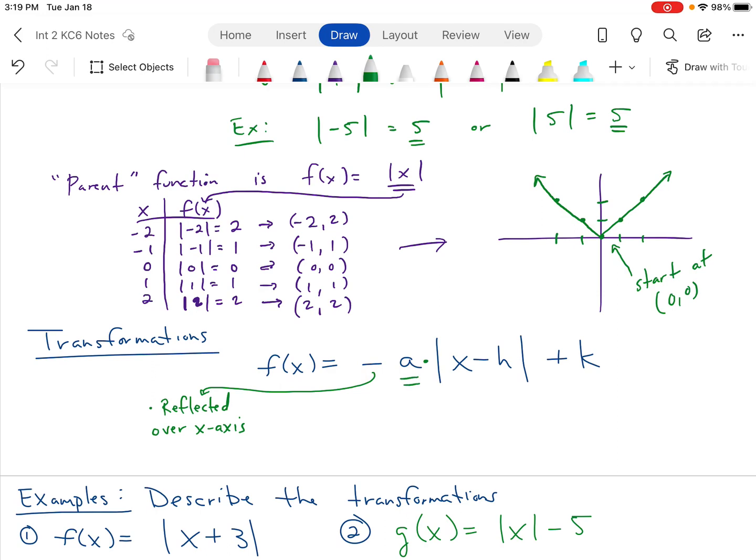Now a, you have two different things. The first one is if the absolute value of a is greater than 1, then it will stretch your graph, so it'll be wider. And if the absolute value of a is less than 1, then it is going to shrink or get narrower.